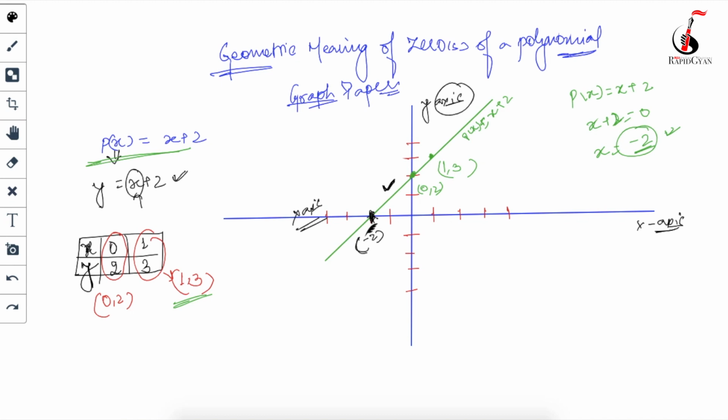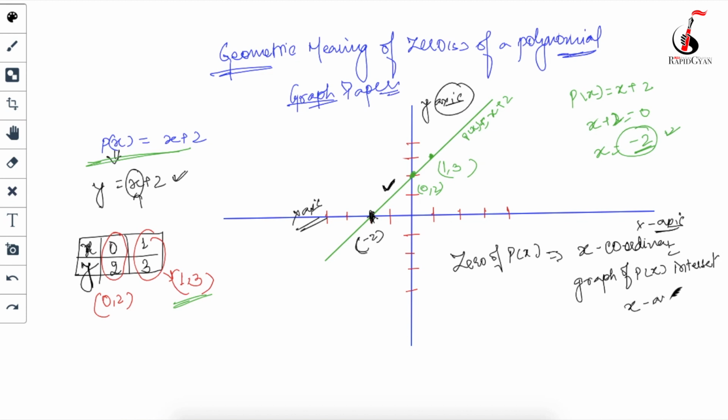So we can simply say that the zeros of a polynomial p(x) will be equal to the x coordinate at which the graph of p(x) intersects the x-axis.